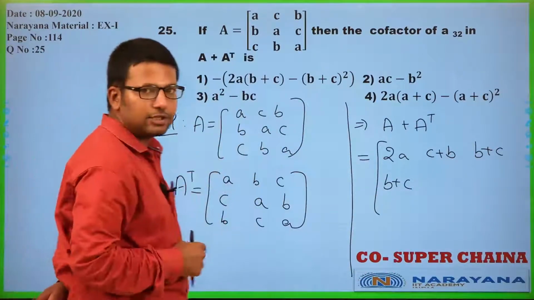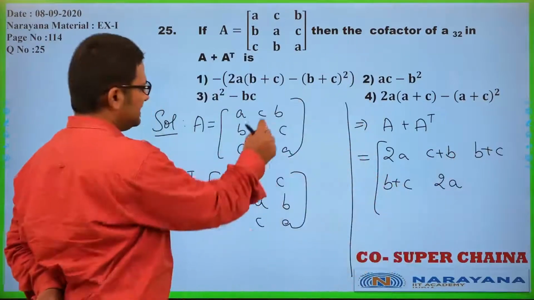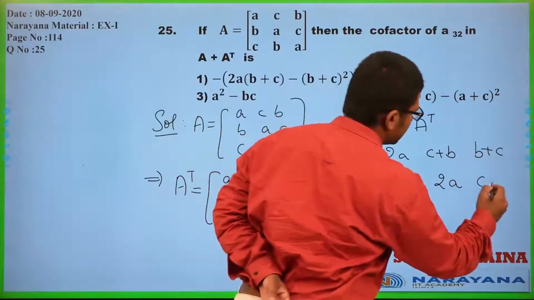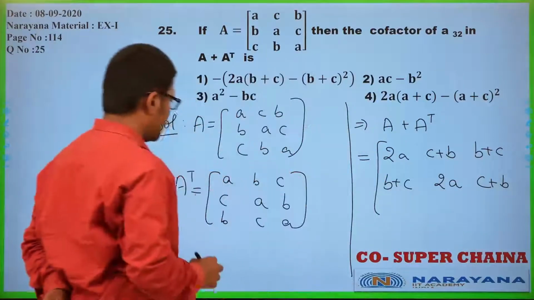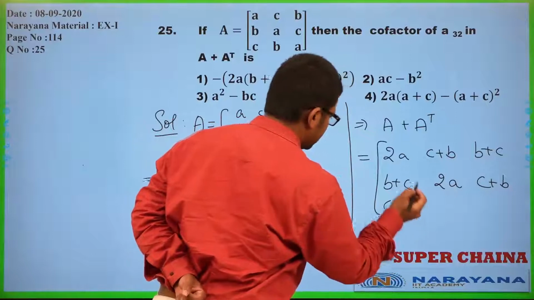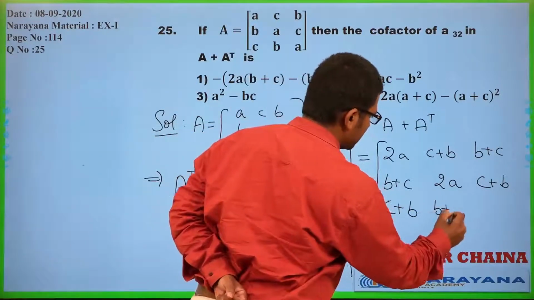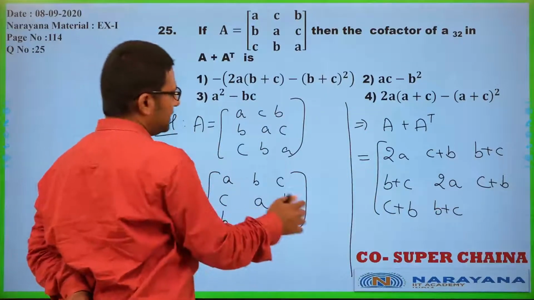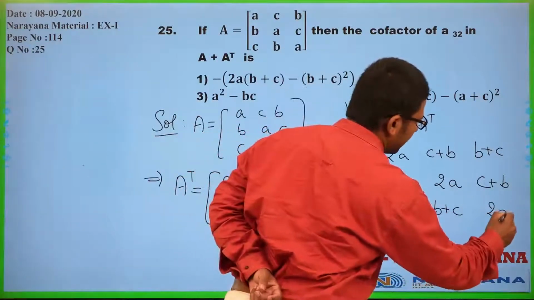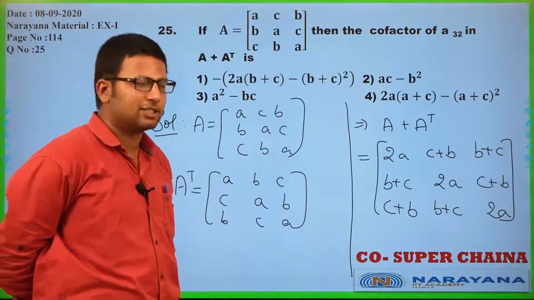A plus A, so 2A. Then C plus B, C plus B, B plus C, and A plus A, 2A. So that is the matrix A plus A transpose.